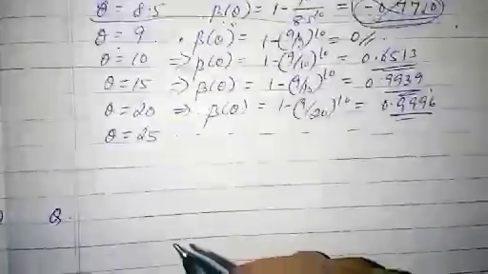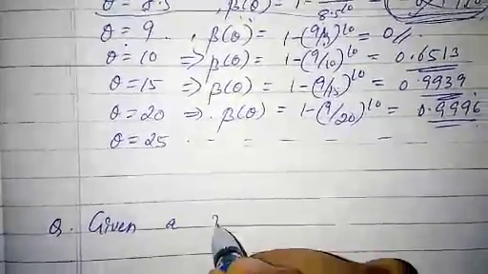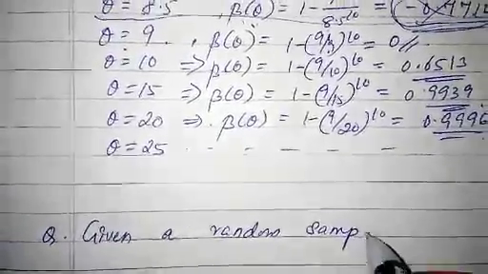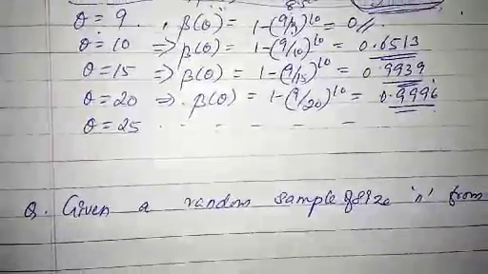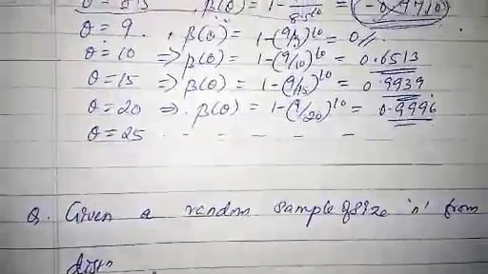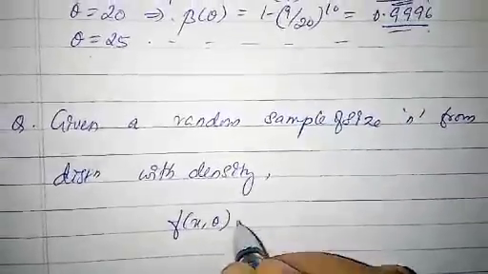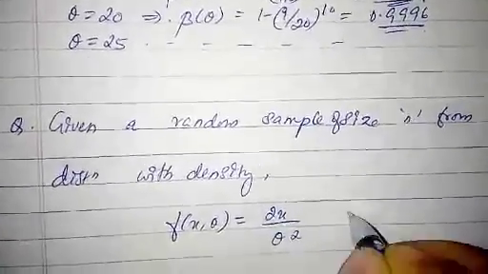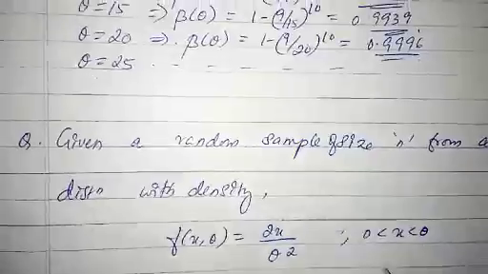Then we will go for another problem, and the question is: given a random sample of size n from a distribution with the density f of x, theta equal to 2x divided by theta square, where 0 less than x less than theta, where theta is greater than 0.